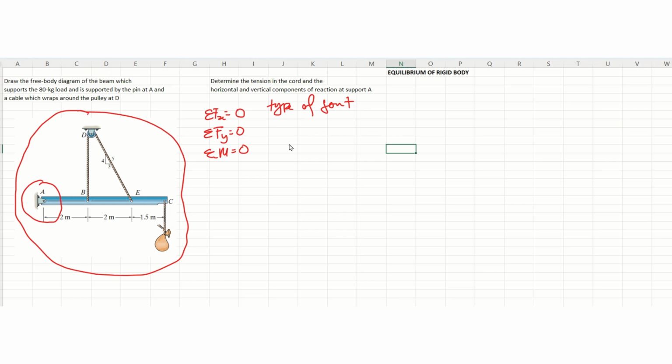If you see this shape of joint, here, we call this a pin joint. If you see something like this, we call this a roller.